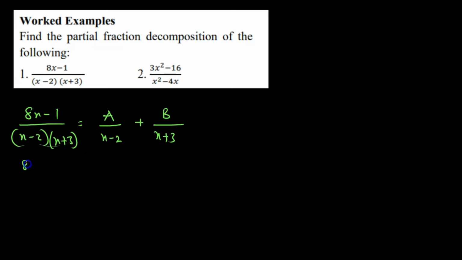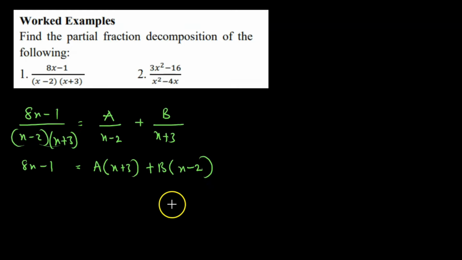We are going to be left with 8x minus 1, and that should be equal to, when you multiply the LCM by a over x minus 2, you end up getting a into brackets x plus 3, because the x minus 2 will cancel out the x minus 2, and it will be left with this. Then plus, when we multiply b over x plus 3 by the LCM, which is x minus 2 times x plus 3, we are going to be left with b into brackets x minus 2.